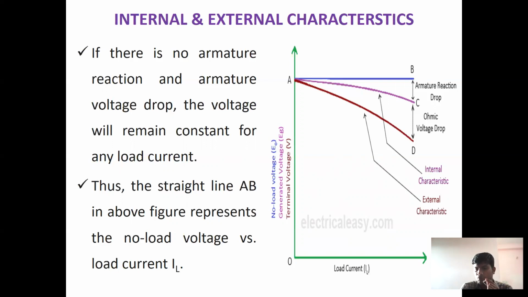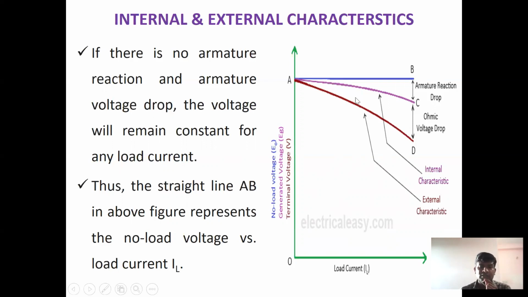Due to the drop, we actually have the maximum amount of voltage, but after developing the generated EMF in the armature, they lose voltage. That loss is taken as the armature reaction drop.